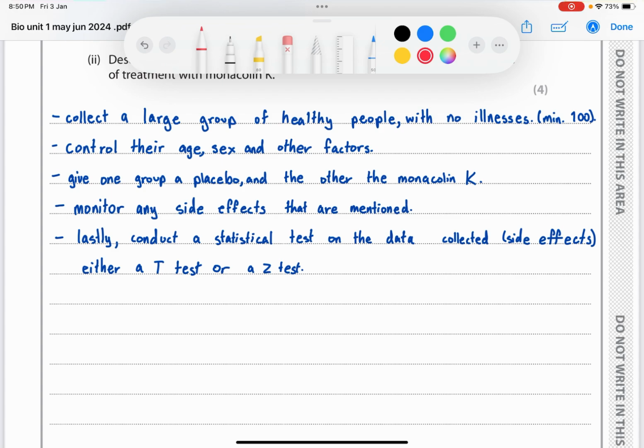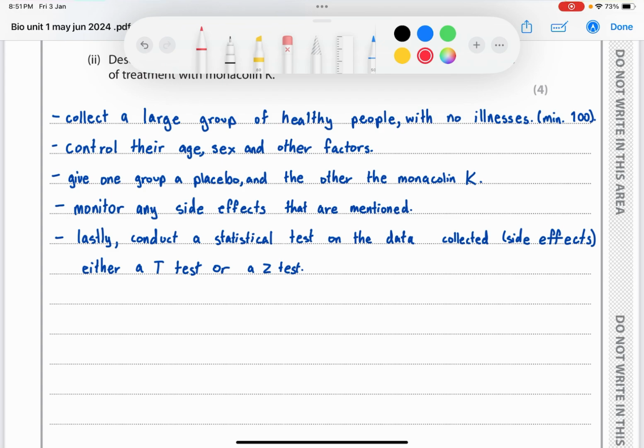Continue this process for enough time. You don't want to have it be too short, but you also don't want to have the side effects analysis go on for too long. So lastly, we're going to conduct a statistical test on the data collected about the side effects.